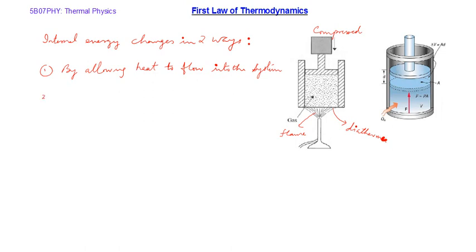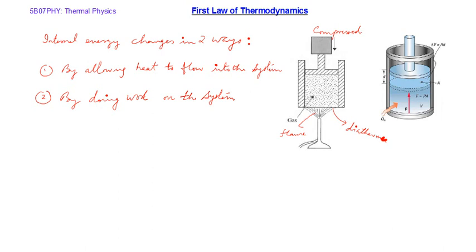And one more thing we are permitting, we are making the piston move. So by doing work, in my example it is on the system because I am compressing it, by doing work on the system.